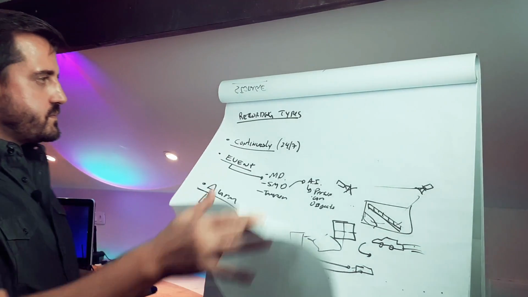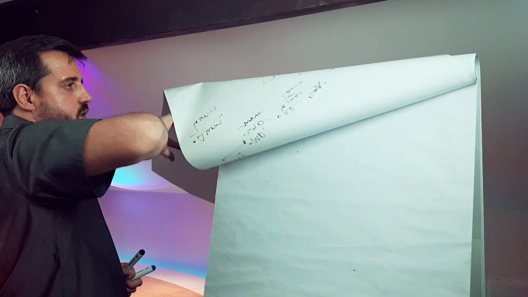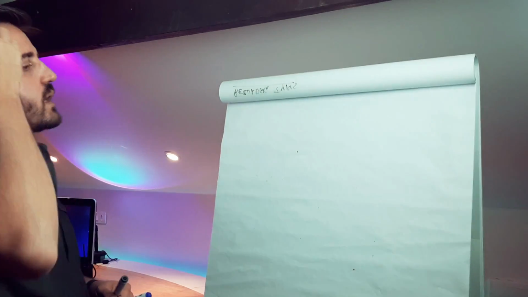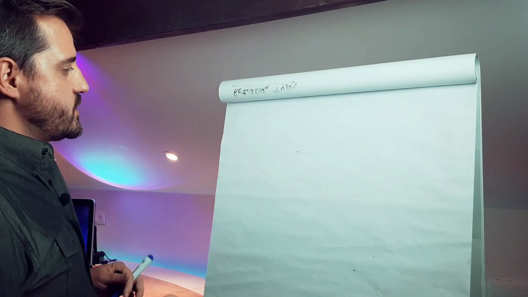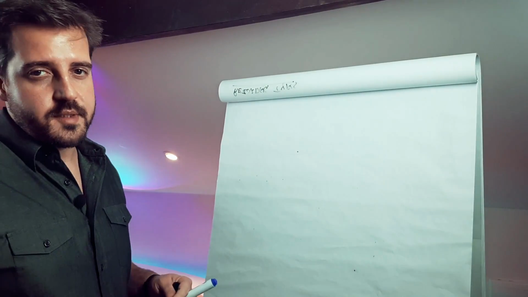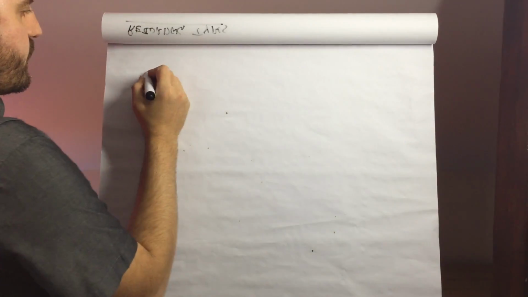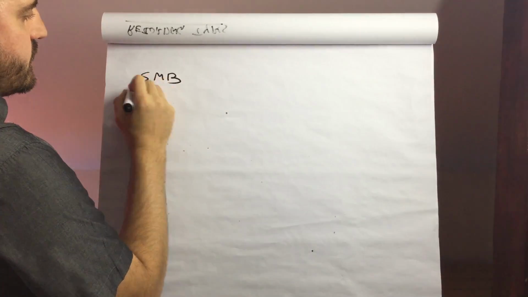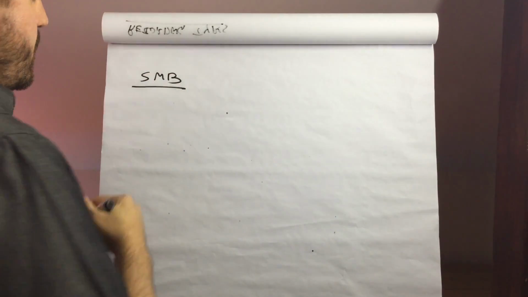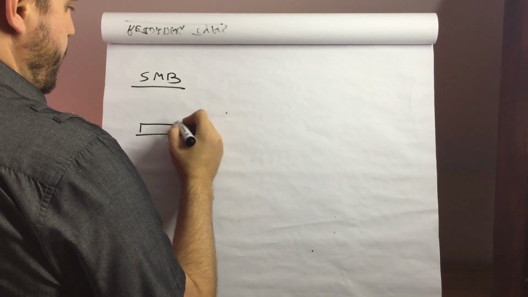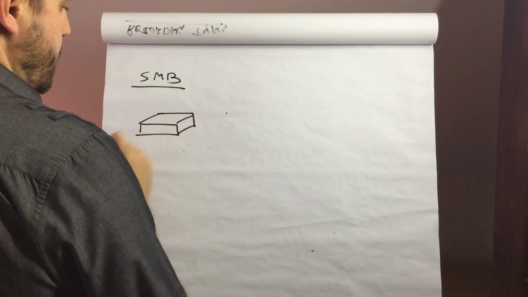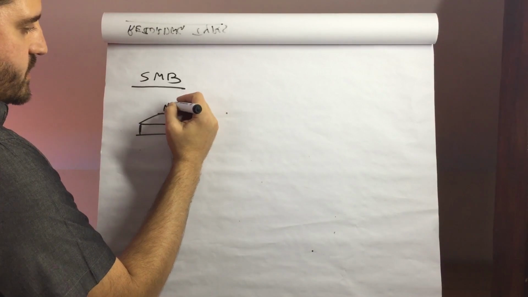Okay, so let's now talk about the storage types by market, basically. So here for SMB, small and medium business, the standard way that we will record is in the NVR itself.